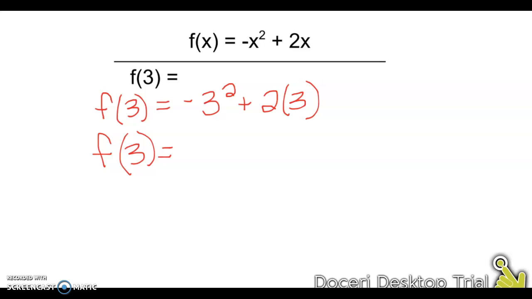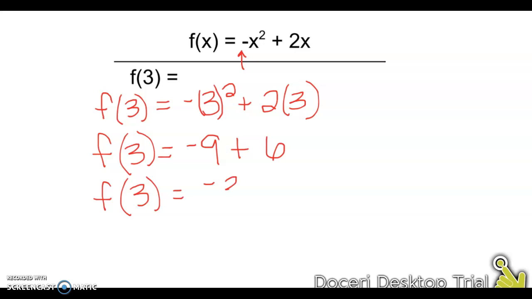Notice that this negative here was not included in a parentheses. So we just need to take 3 squared, and that's going to give us negative 9. So the function f evaluated at 3 is equal to negative 3.